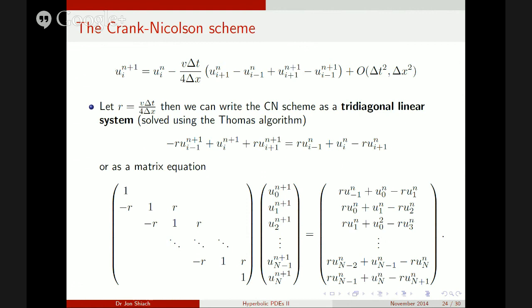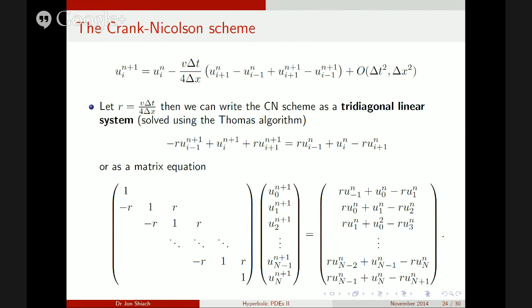So what we have is a linear system. I've written it in the form of a matrix equation, similar to what we had with the elliptic Laplace's equation. So here we have our linear system, and we can solve this tridiagonal linear system using the Thomas algorithm, which we looked at when we looked at elliptic equations.